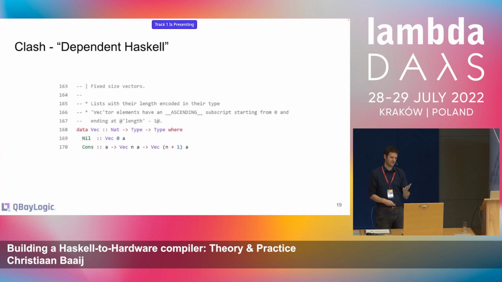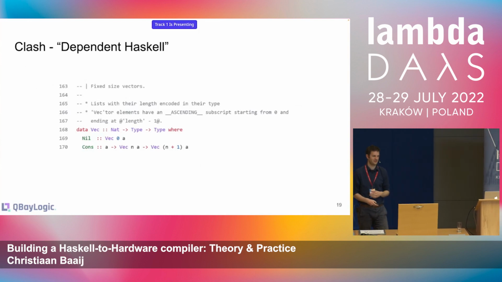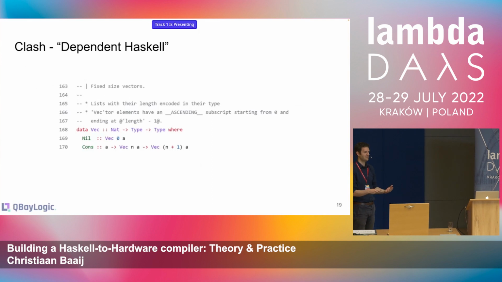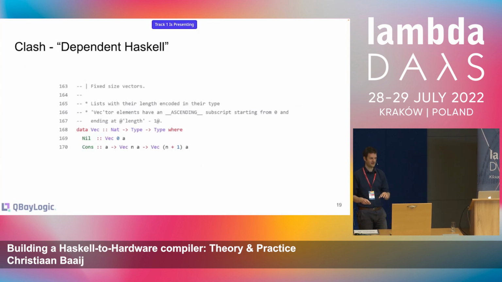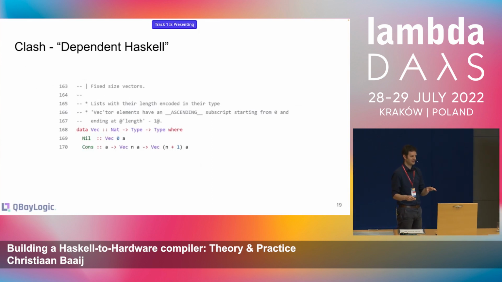One of the data types that is ubiquitous in Clash, just as Haskell's list type is ubiquitous in at least the standard library, is the vector type in the Clash standard library. It is, again, a linked list, but it has the number of elements annotated in its type.